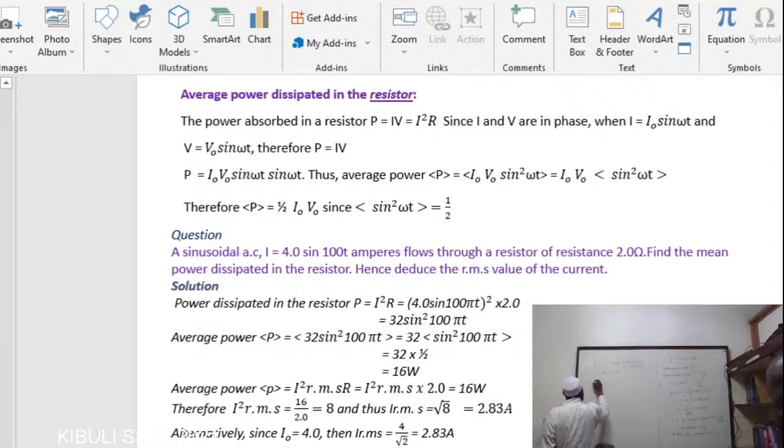Therefore, average power is going to be equal to I naught V naught sine ωt, where in a capacitor, the current leads voltage by π over 2, meaning that the value of current is the cosine value.